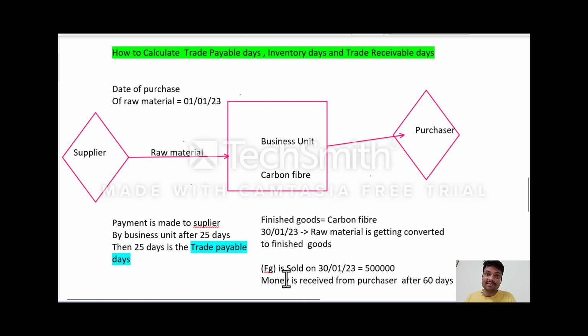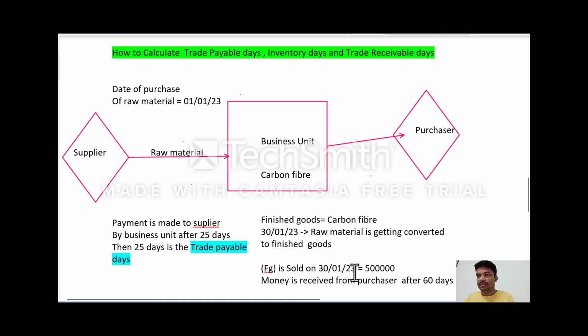The money is received after 60 days from the sale date. So the 60 days is the trade receivable days, or the sundry debtors, you can call it.